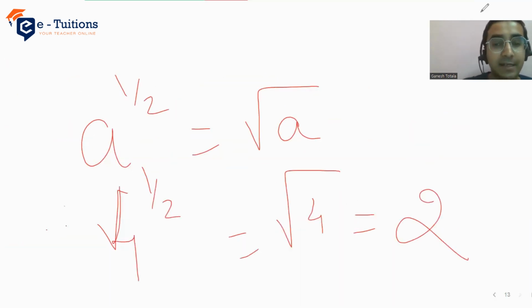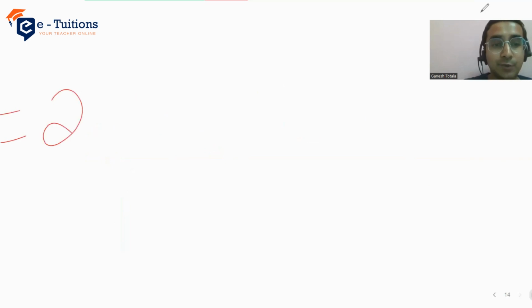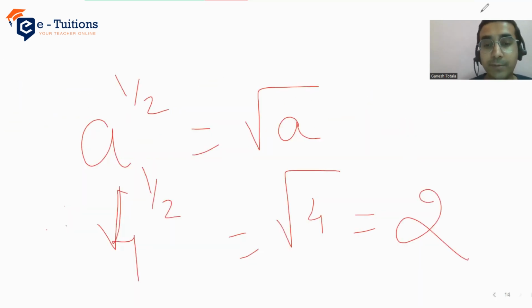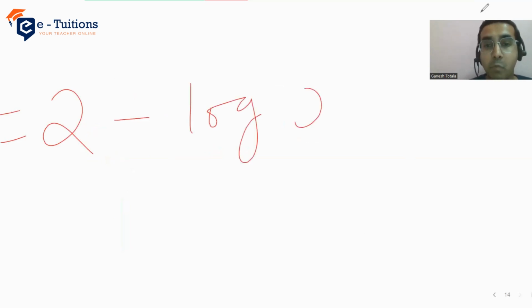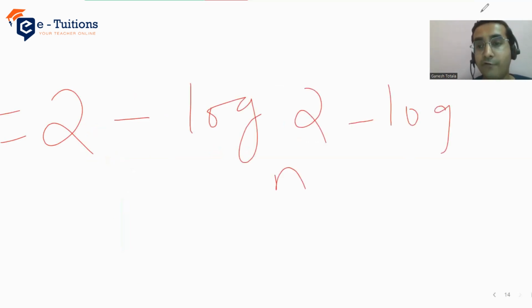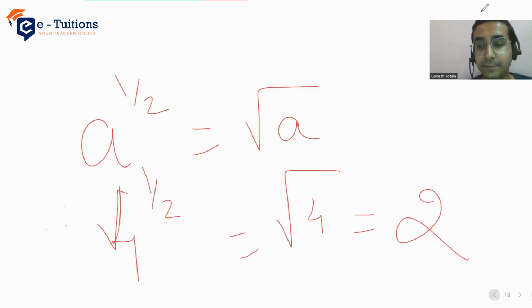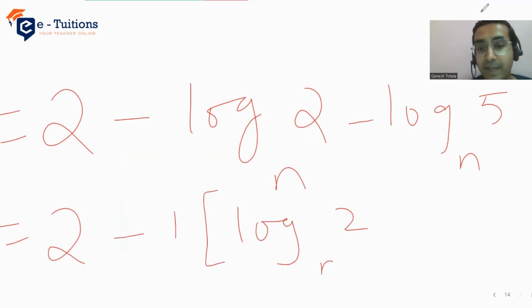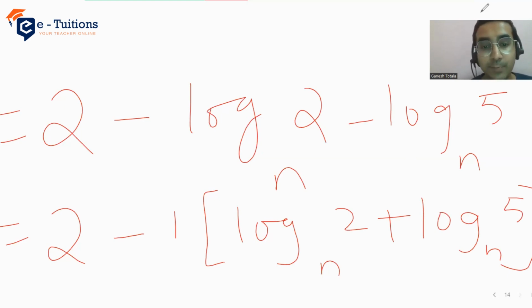So I can write the given equation as 2 minus log of 2 to the base n minus log of 5 to the base n. Now what I can do is take minus 1 outside, and this will be log of 2 to the base n plus log of 5 to the base n. I've just taken minus 1 as common, so the inner sign has got converted into plus.